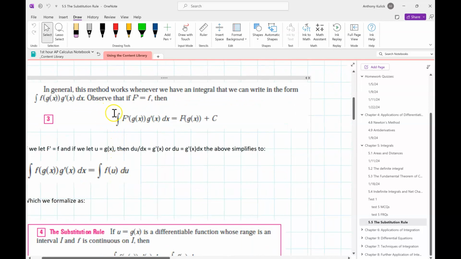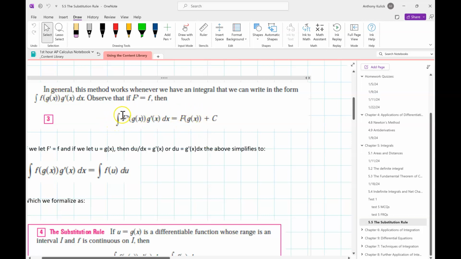Let's just notice that if I have an integral of the form f of g of x times g prime of x dx, then my integral of that should just be the antiderivative of f composed with g of x, right?